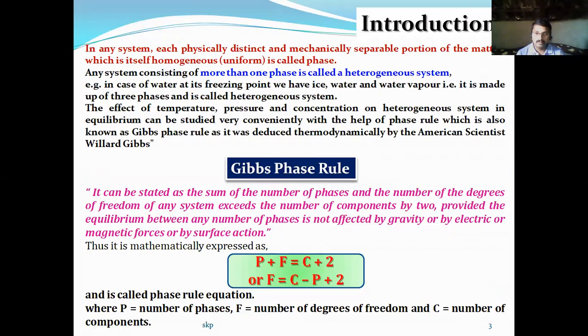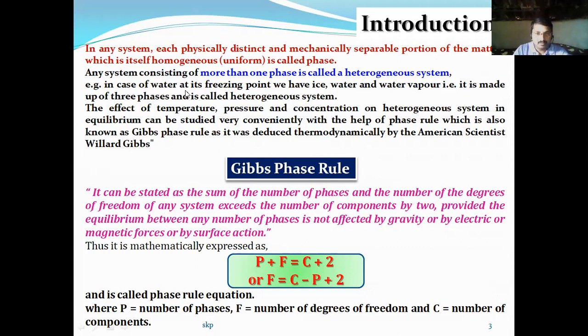Before that, we must know what is homogeneous system and heterogeneous system, or homogeneous phase and heterogeneous phases. In any system, each physically distinct and mechanically separable portion of the matter which is itself homogeneous, that is uniform, is called phase. Any system consisting of more than one phase is called as heterogeneous system. So one phase system is called as homogeneous, that is uniform system, and when two phases are formed in any system it is called as heterogeneous system.